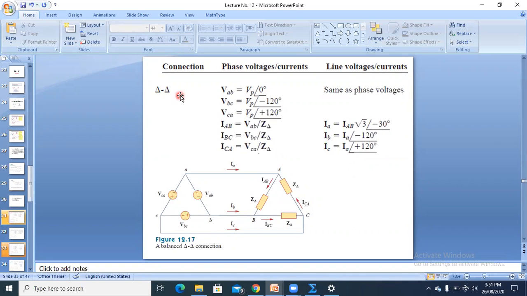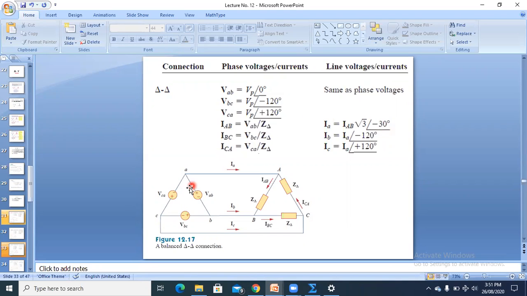For a delta to delta system, the phase voltage and the line voltage are the same. We need to calculate the phase currents IAB, IBC, and ICA. For this, we calculate the phase currents, and the line currents are √3 times the phase current with a lagging phase of 30 degrees.